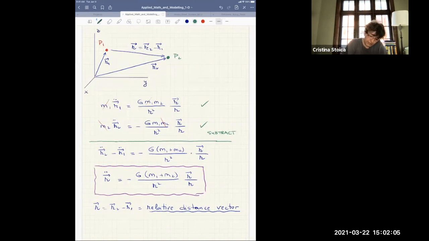I noticed that I can cancel some of these masses because they are always positive, since we're talking about a problem from physics. We can have negative masses if we really want to play. We subtract these equations one from another, and look what a nice ODE we get with vector R of t as the unknown.